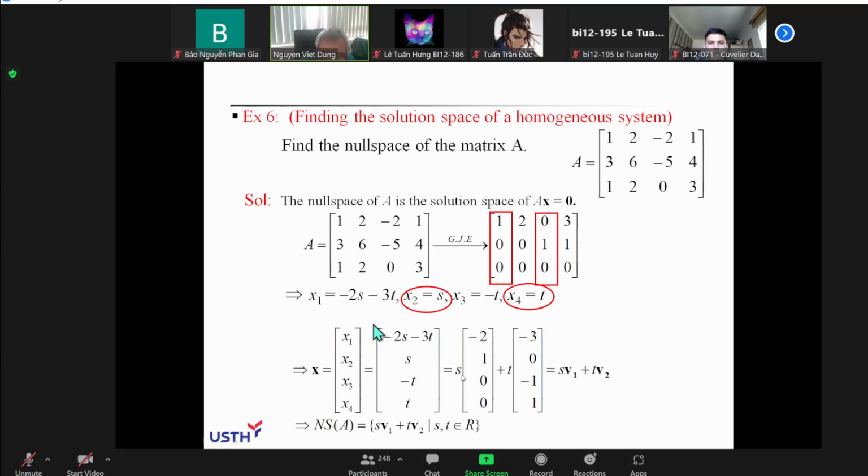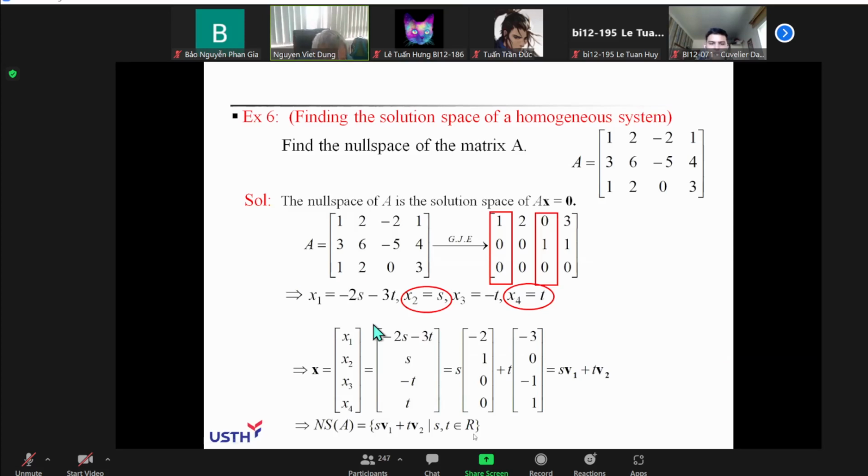So you put s of something plus t of something, and that something you can take from here. I will not explain that here, but you need to do it by yourself, or you can ask your teacher in the tutor class how to write it.